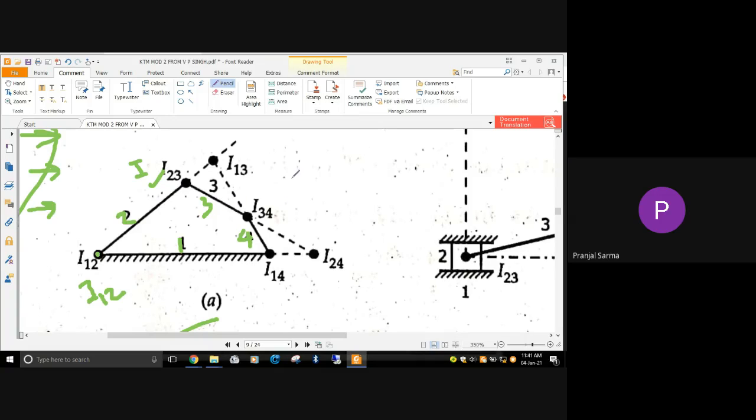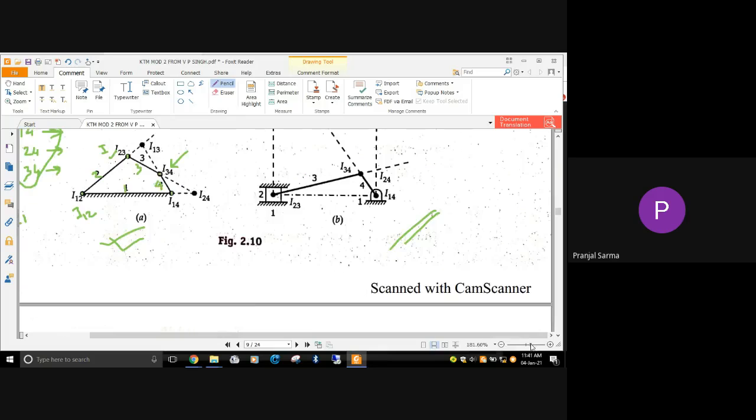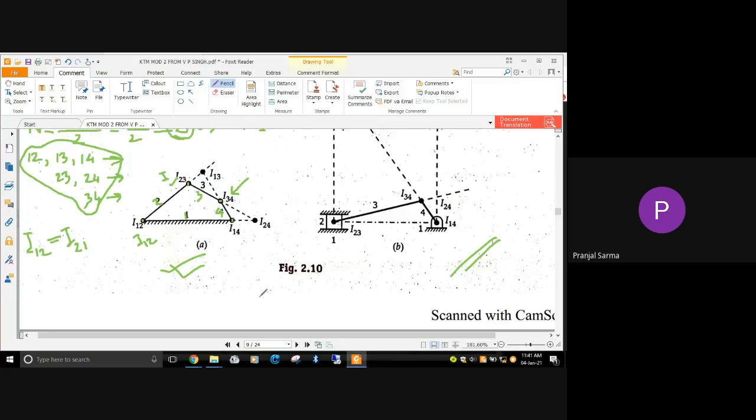Similarly, between link three and link four, they are also joined by a pin joint, so I34 will be at the center of the pin itself. And between 4 and 1 it is also a pin joint, so I14 will be here. Up to this much we have obtained very easily. So I12 is done, I14 is done, I34 is done, and I23 is done.